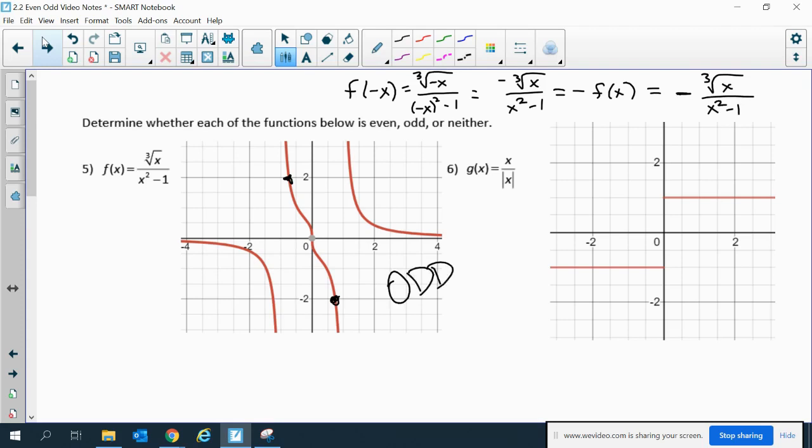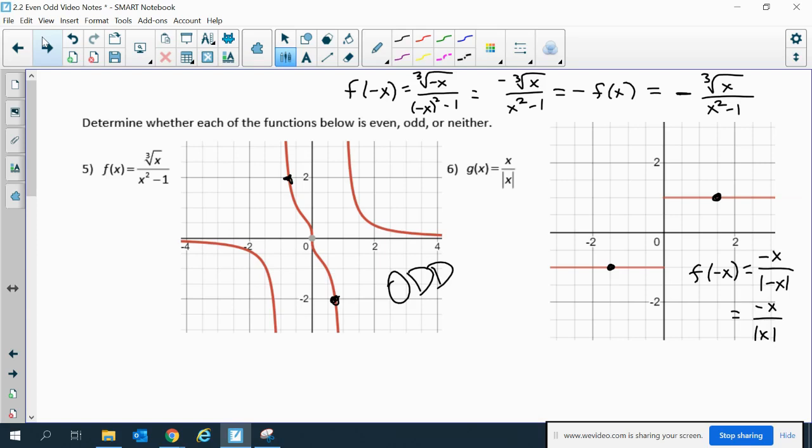Number 6, this also looks like an odd function because any point here is exactly rotated 180 degrees about the origin. But let's double check. F of negative x in this case is negative x over the absolute value of negative x. That's negative x over the absolute value of x.